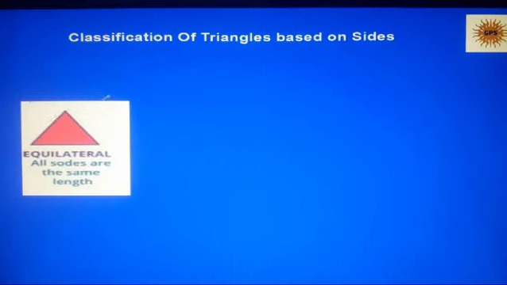That is this side, and this side, they all are equal. So it is called an equilateral triangle. Also, it has all the angles equal. All the angles are how much? 60 degrees each in an equilateral triangle.